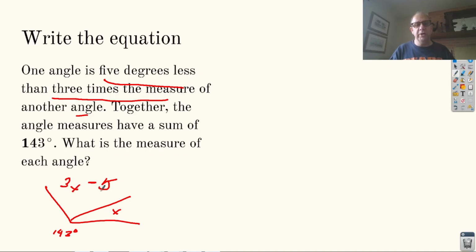So 3x minus 5 is 5 degrees less than 3 times the other angle. Both of them together are 143 degrees. So I'm going to write my equation as x plus 3x minus 5 equals 143.